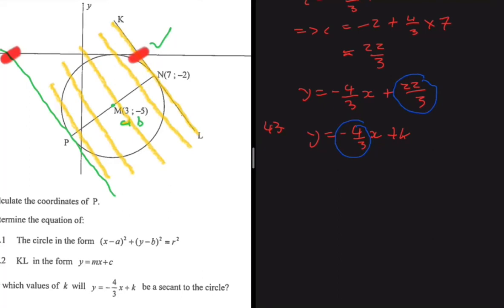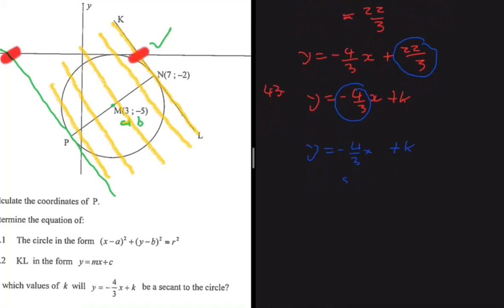And in order to do that, we're going to substitute the values of p, right? So we're going to say that y is equal to -4 divided by 3x plus k, obviously. And then we sub in p. We know the coordinates of p, -1 and -8, from the above equations. So if we substitute p here, we're going to get -8 being equal to -4 divided by 3, and in place of x we have -1, plus k, right?